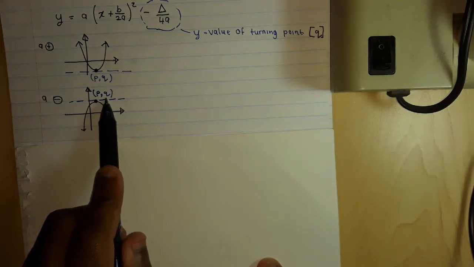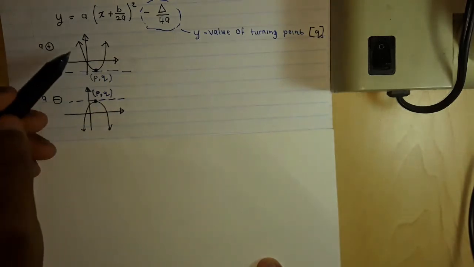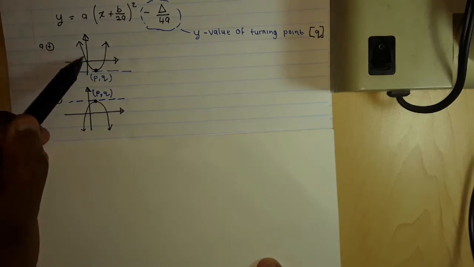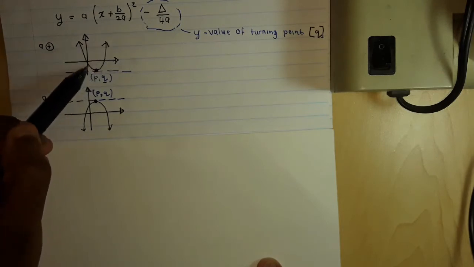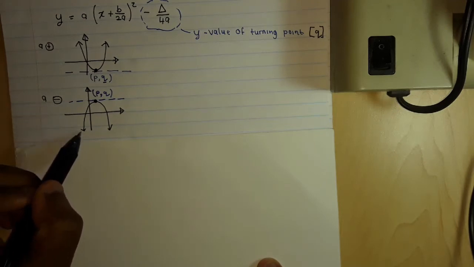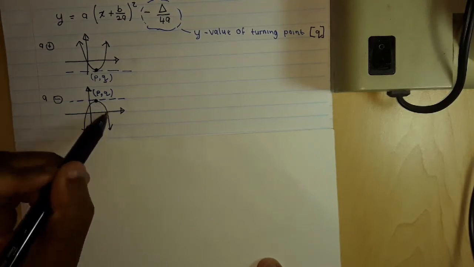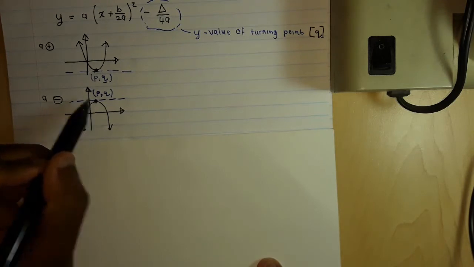I also want you to note that if A is positive, this y value represents the minimum value that this parabola can have in whatever equation. Whereas when the gradient is negative, the q value represents the maximum y value that the graph can have.